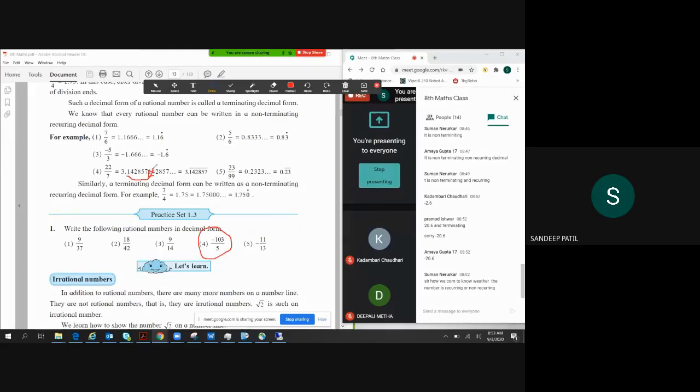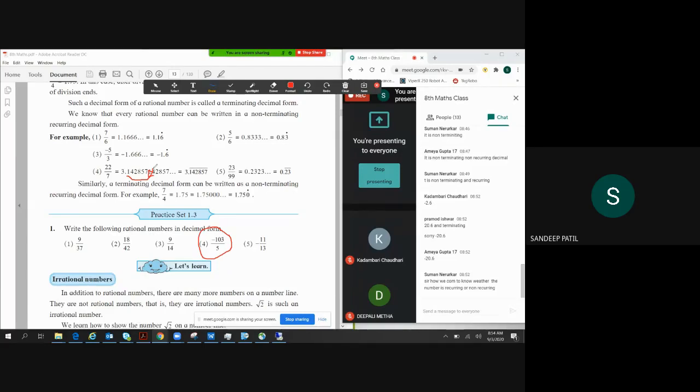Till 7 or 8 digits, try to do calculations, and if you see the pattern, only then can you write that it's recurring or non-recurring. I told you this is the fundamentals. They are showing you that there will be recurring and non-recurring numbers. But in real-time applications, there will be a maximum of 6 to 7 digits they consider for the calculations. So till 7 digits, it's okay.